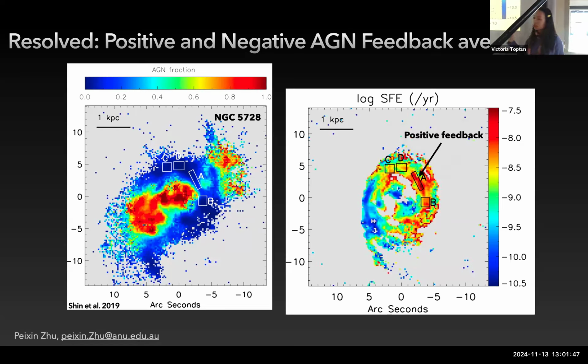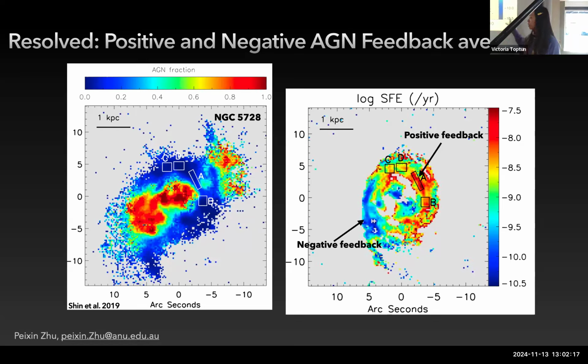For this region, the author claimed positive feedback, because this region is also the interaction region between the AGN activity region and the star formation activity regions. On the other side, they found a negative feedback part, where very high AGN fraction was detected and very low star formation efficiency in the same regions. So this is what they found in this 2D map.